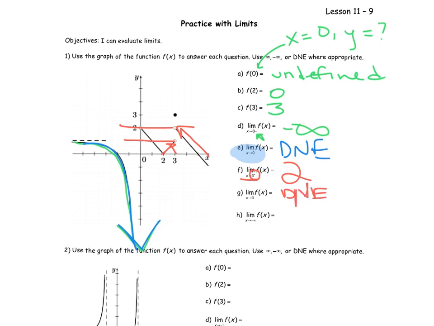All right. And the limit as x approaches negative infinity. So now we want to approach negative infinity. So we're going to be going in this direction. As we approach negative infinity, you can see there's this asymptote here. So let me erase this. So we have the asymptote, which is getting really, really close to 1.